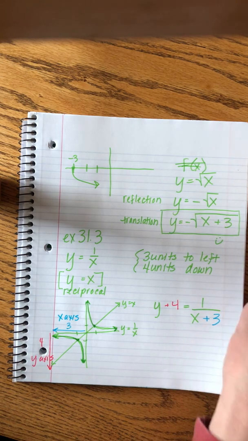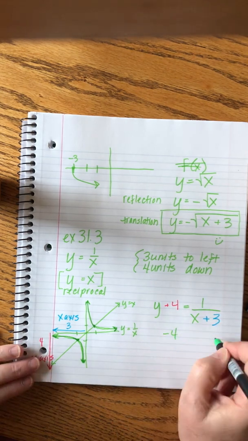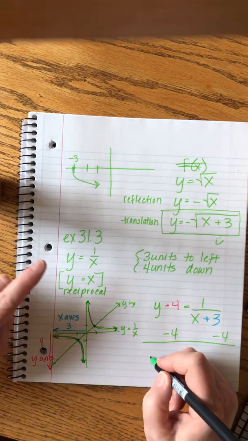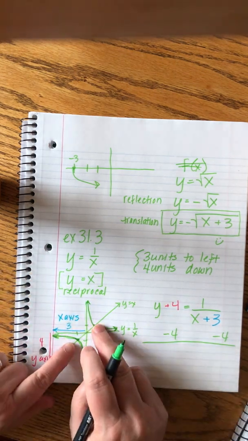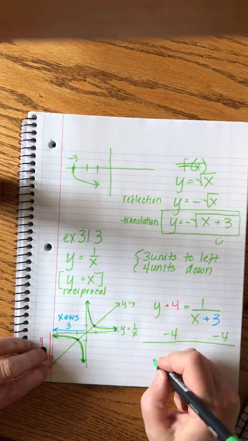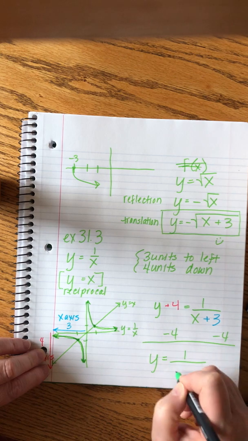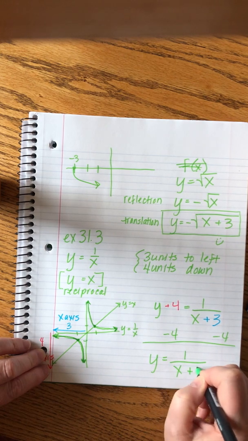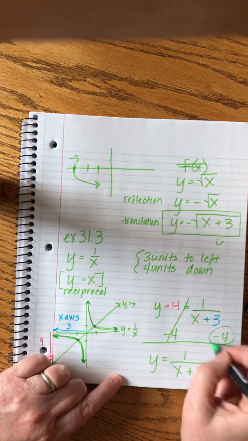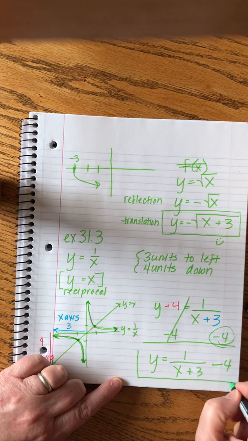And now my last step is simply to subtract this minus 4 because we want the y to be by itself. So my final answer is y equals 1 over x plus 3 minus 4. That cancels, and that is what I'm left with, right? And so this is my final answer.